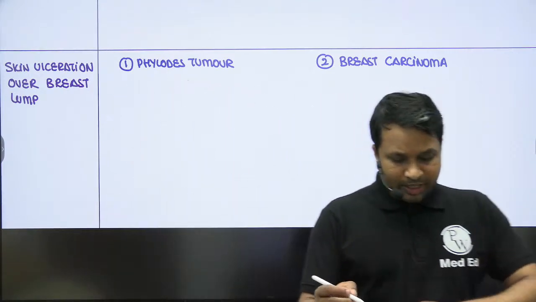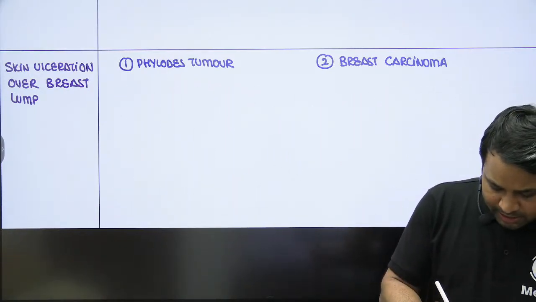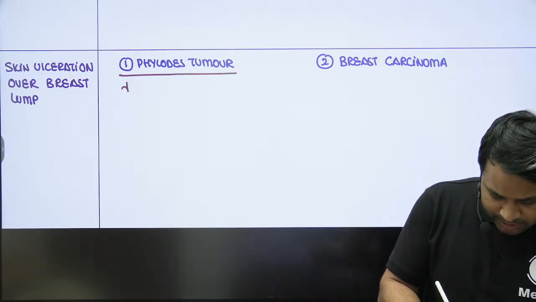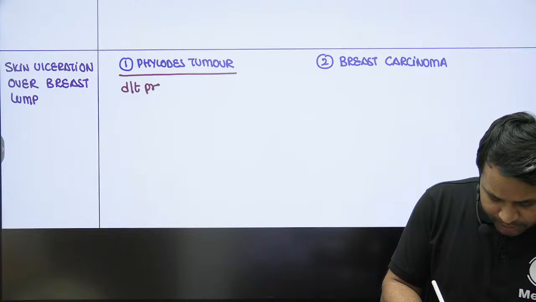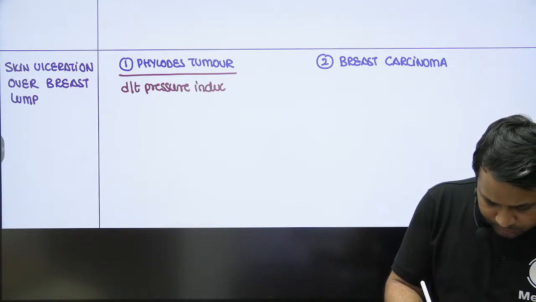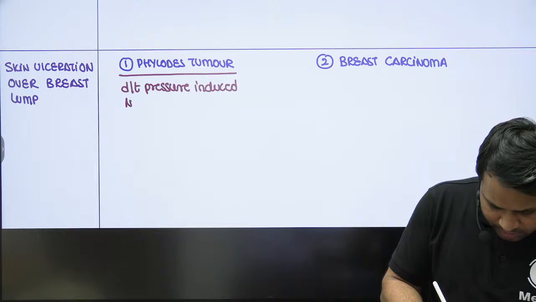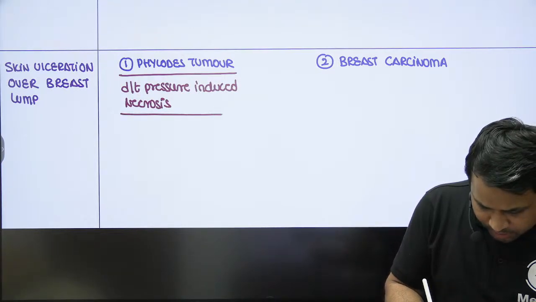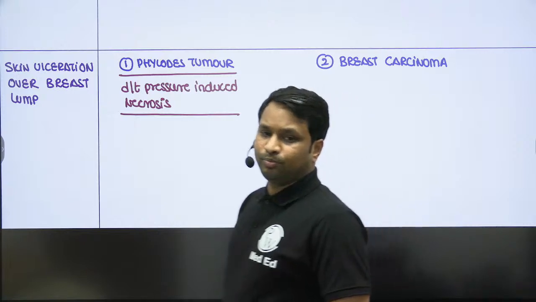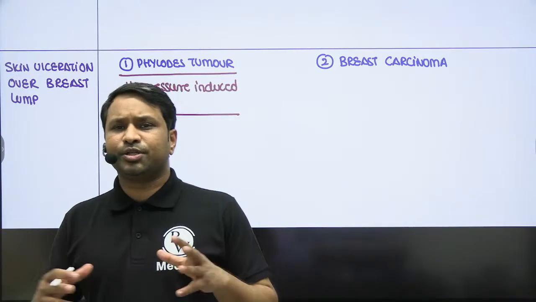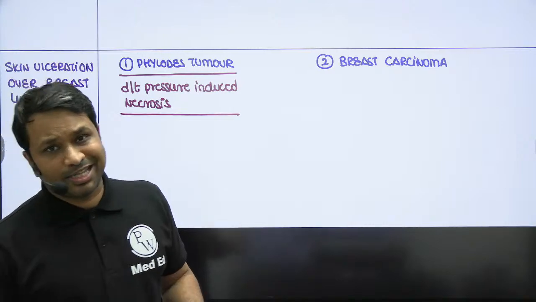So in a phyllodes tumor, how does the ulceration occur? The reason for ulceration in a phyllodes tumor is pressure induced necrosis. As the size of the lesion continues to increase, it exerts more pressure on the overlying skin.